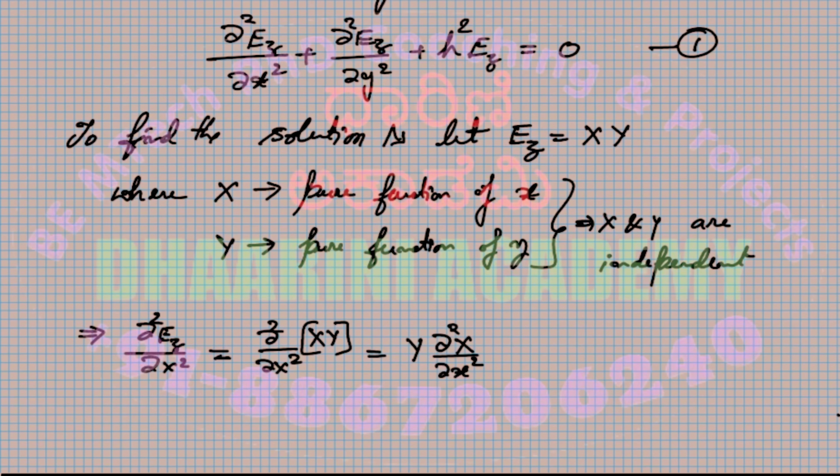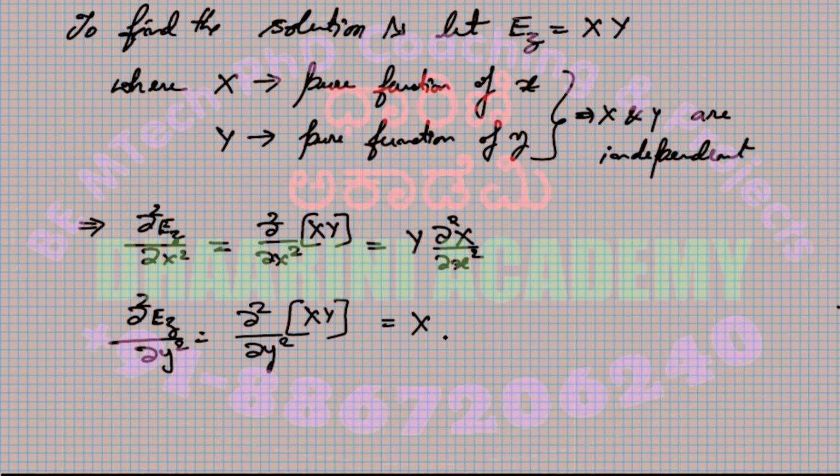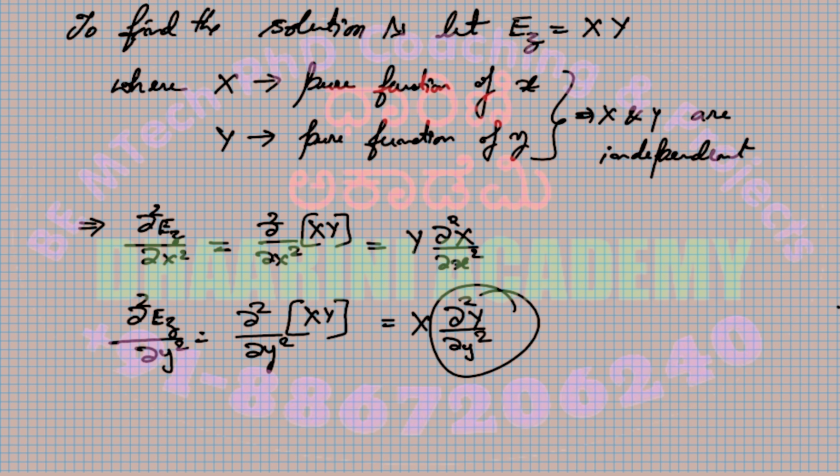Similarly, I also need dou square Ez by dou y square, which is dou square by dou y square of capital X into Y. Now X is a constant, so X comes out, and it is simply dou square capital Y divided by dou y square. Here also I have capital in the numerator and the small letter in the denominator.